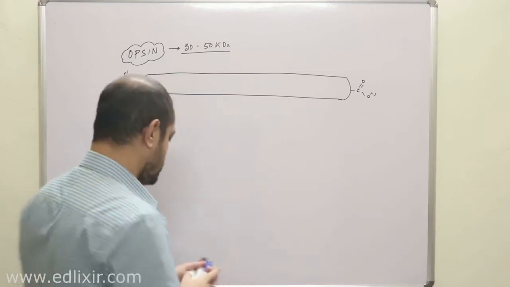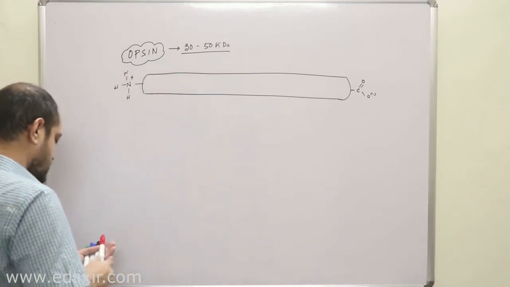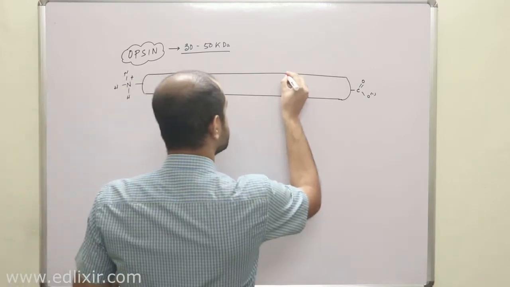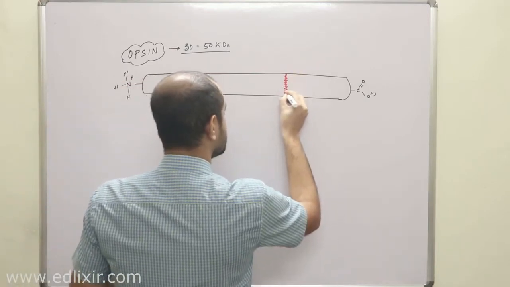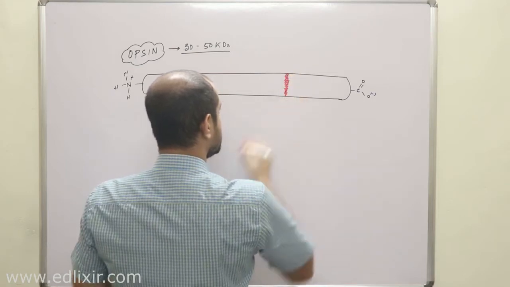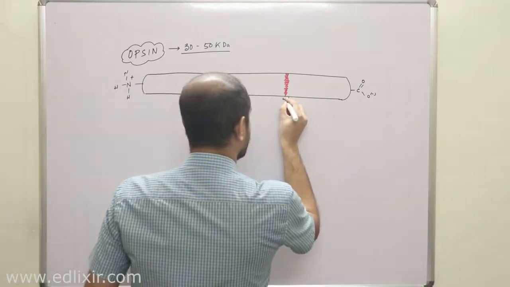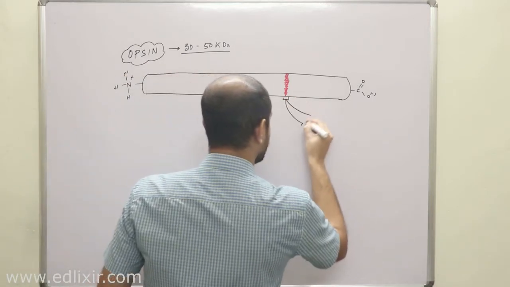Now listen, a very interesting part you need to understand here is that suppose this position is very important. This position of the protein is having a lysine molecule.